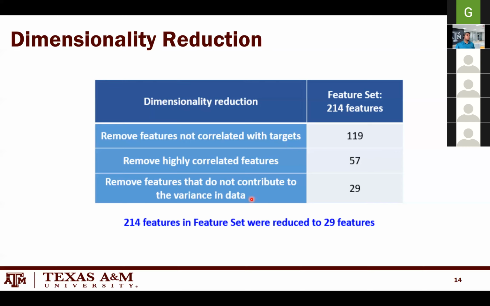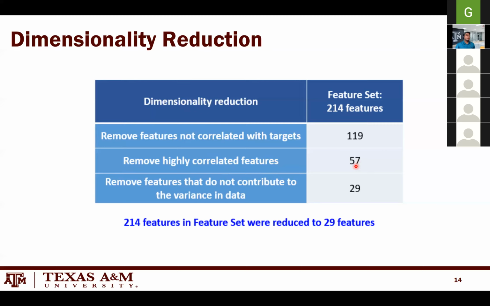When we did this dimensionality reduction, we looked at the training data. From 214, we ended up with 119, which are strongly associated with the target in the training data set. Then we removed highly correlated features. I shouldn't use the word correlated, I should use the word collinear. Features that are collinear we remove, because collinear features make the model non-unique.